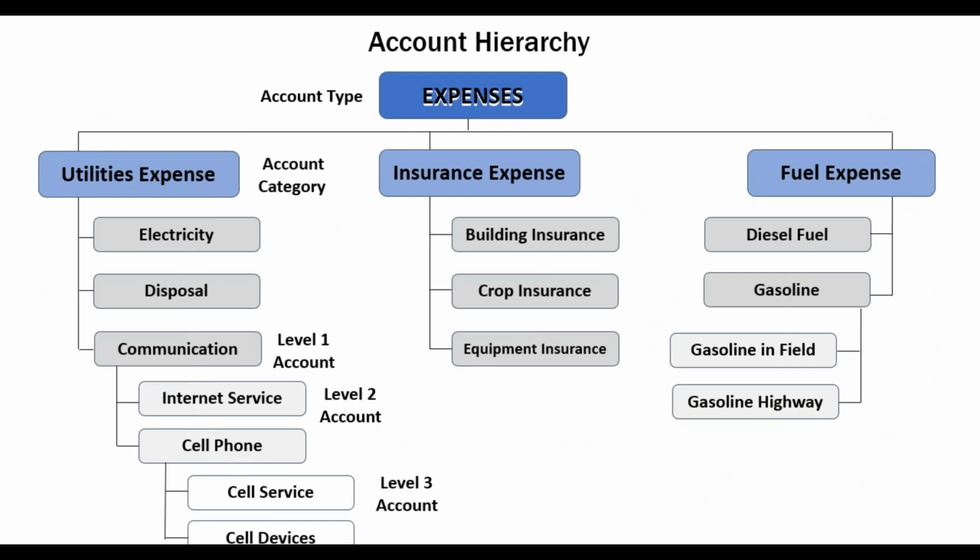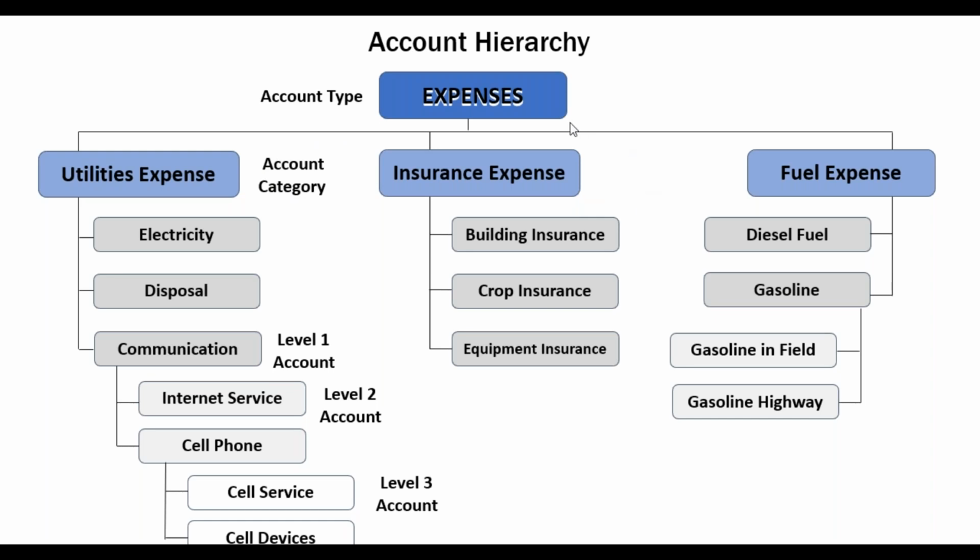So we've taken one account type, expenses, and we've shown a display here of your different levels of accounts down to the accounts that you're going to be posting to. So after our account type being the highest level of the account hierarchy, next is our account categories.